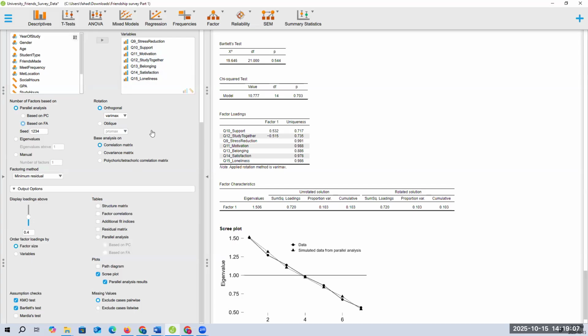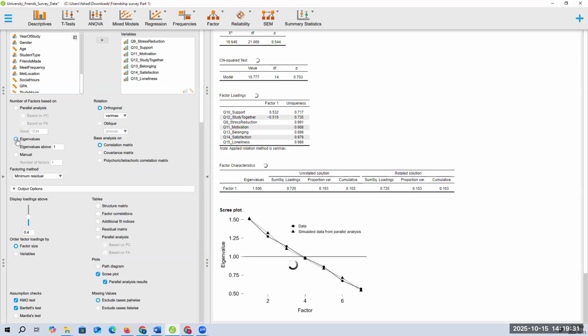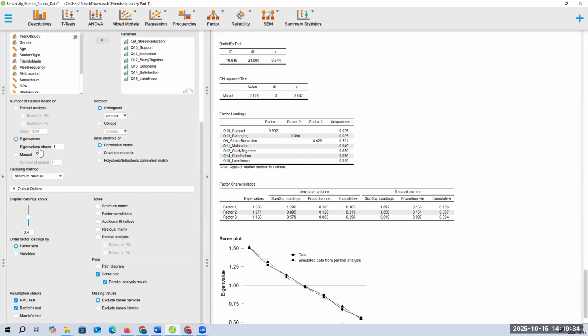I think one of the issues with factor analysis is you need to have more than just 1, 2, 3, 4, 5, 6, 7, 8 questions in relation to three different factors. Okay, so that's that part. Principal factor analysis. Can I control this maybe? Oh, there we go. Eigenvalues. So when I did number of factors based on eigenvalues, I did get three factors. Factor 1, 0.993, belonging factor 2, and then stress reduction.